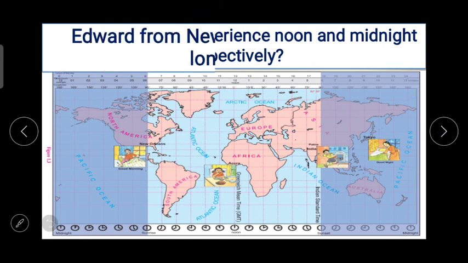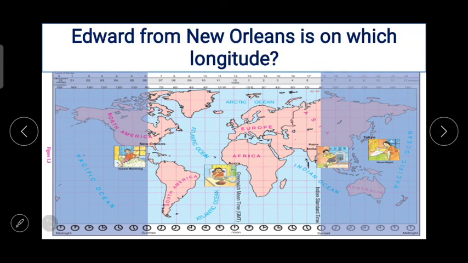Next one: Edward from New Orleans is on which longitude? Here you can see, 90° west longitude. What is the time at Accra city?